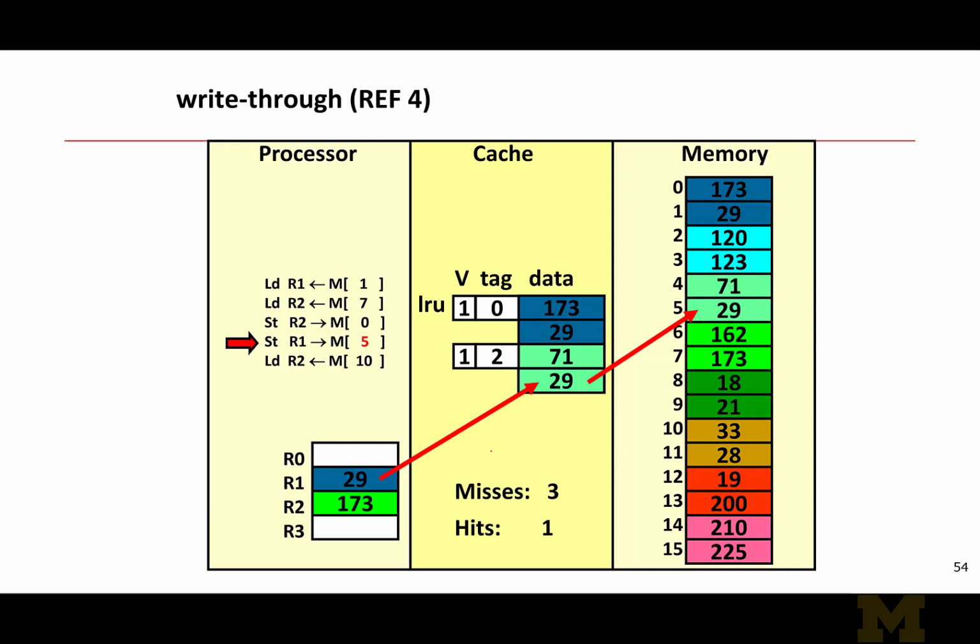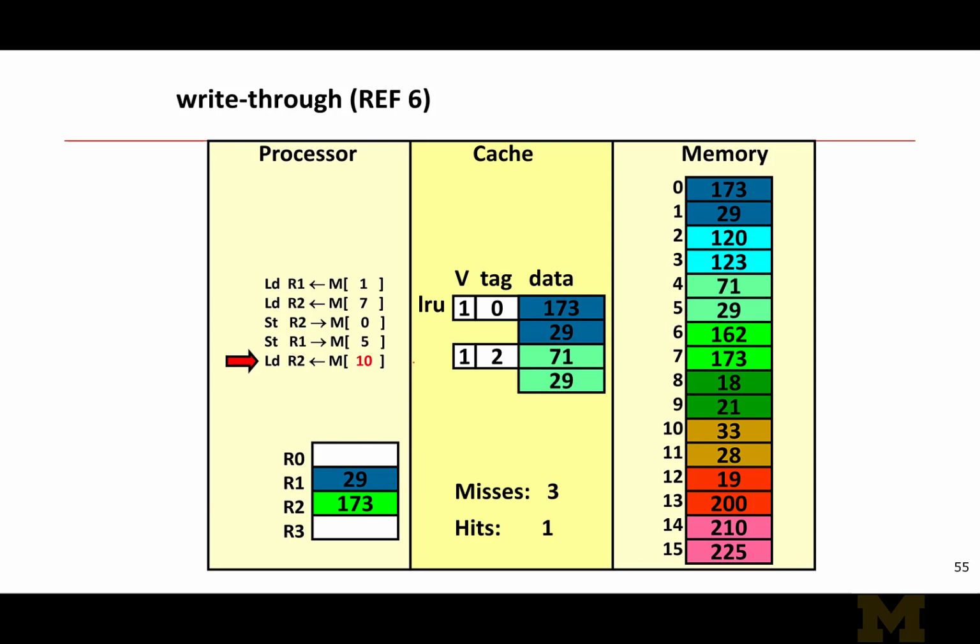And then I have my write through policy dictating that I need to write the data that I just updated. Let's say that is 29 because I'm writing R1 to memory. So now that new value has to be written back. So I have to read the block corresponding to 5, store it in cache, and then write the new value to my cache and then to my main memory in the case of a write-through cache.